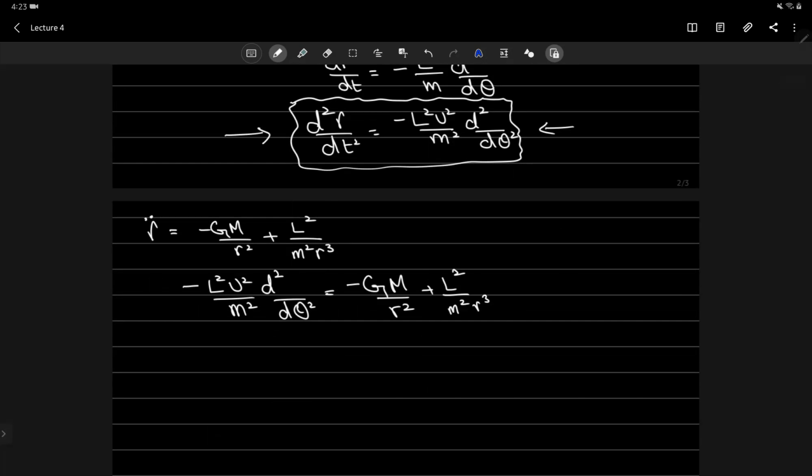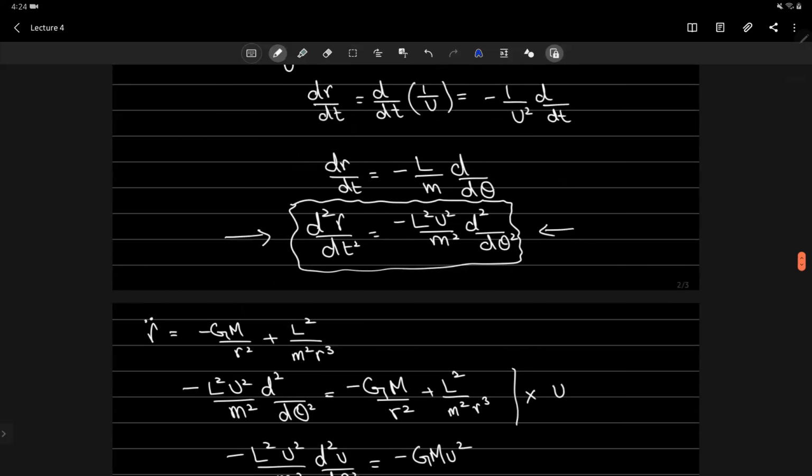Now if I multiply the whole equation with a u, I can write minus L squared u squared over m squared d squared u over d theta squared is equal to minus GM u squared over r squared. Wait, I'm making a mistake over here. Let me just go back.